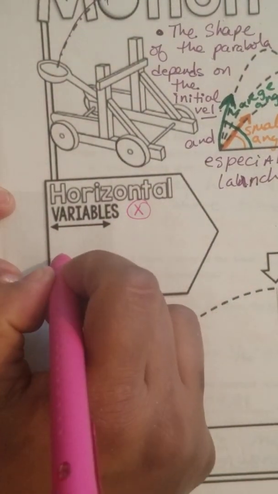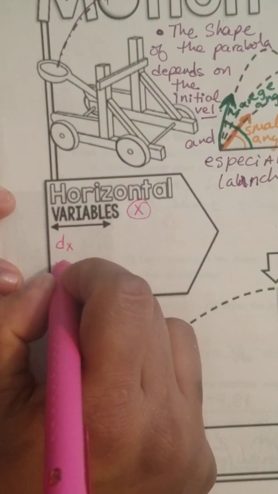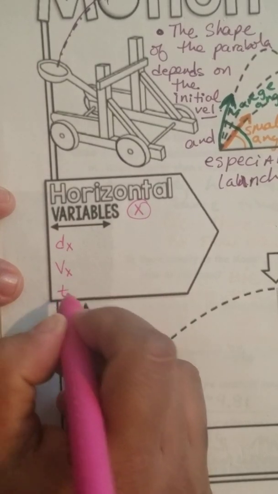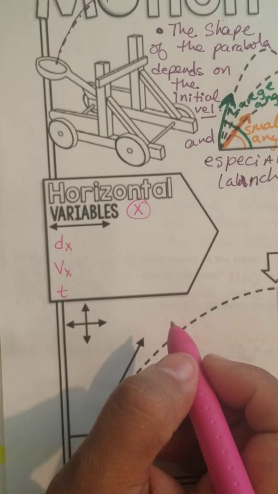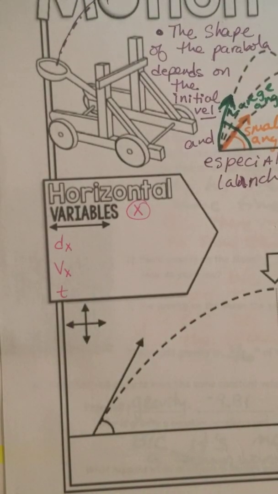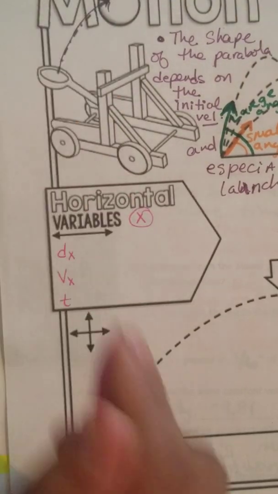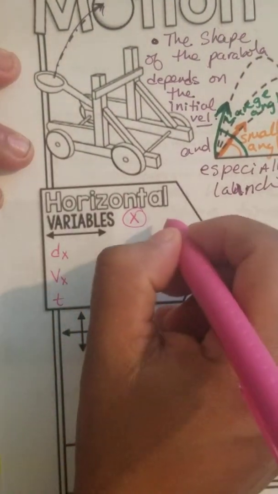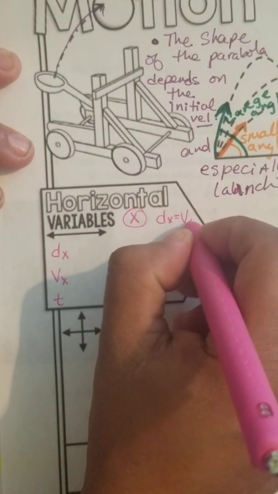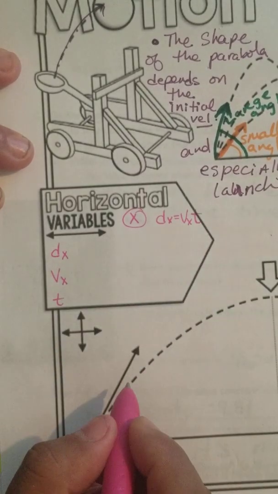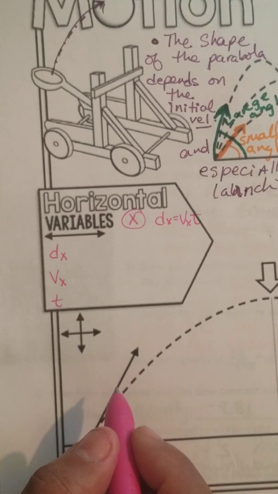And there are 3 variables: there is the D sub X, there is the V sub X, and then there is the T. And don't forget, we have those equations that we looked at already. This equation was D sub X equals Vx times T. Okay, it was actually just the plain Jane velocity equation.